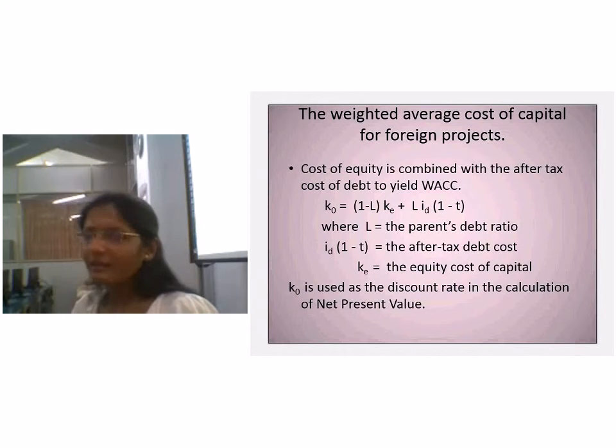So KO is the discount rate that we consider in NPV calculation, right? This is the weighted average cost of capital of the firm: 1 minus L times KE plus L times Kd times 1 minus T. L is the parent's debt ratio.